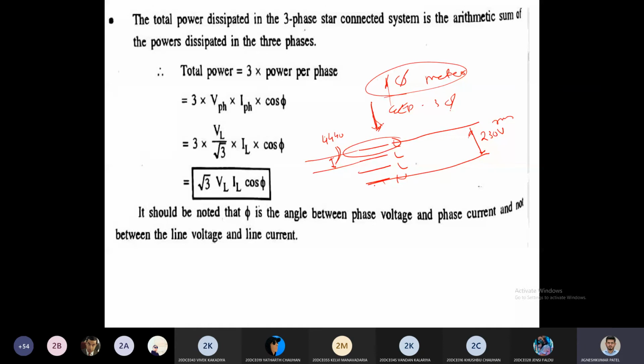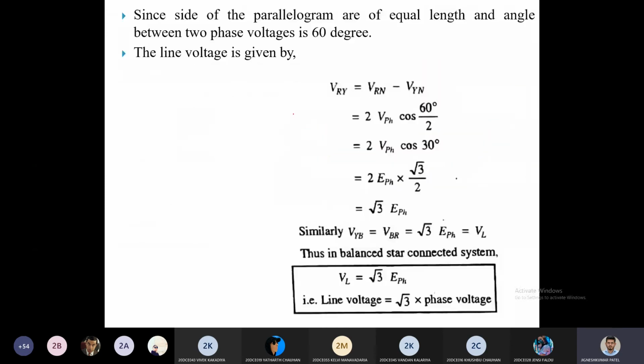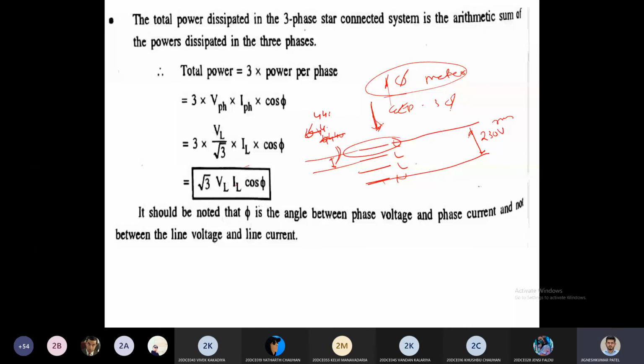Whatever you get is this voltage. This is wrong. It's 440 volt, somewhere around that. So between line to line, it is 440 volt around your home. If you look at the lines going outside your home, that would be a 440 volt line. But that is between two lines. If you measure line to neutral, it would be only 230 volt.